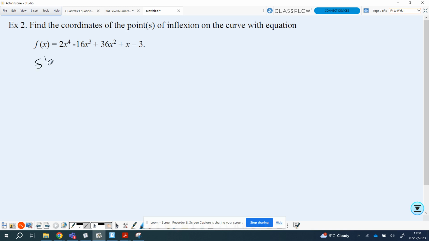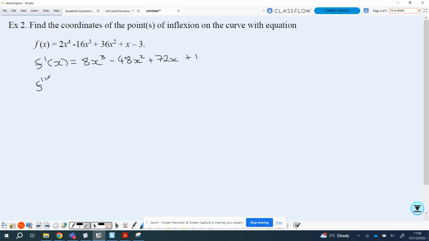Nice function, we need to get the second derivative. So the first derivative is going to be 8x to the power 3 minus 48x squared plus 72x plus 1. So I've differentiated that there.